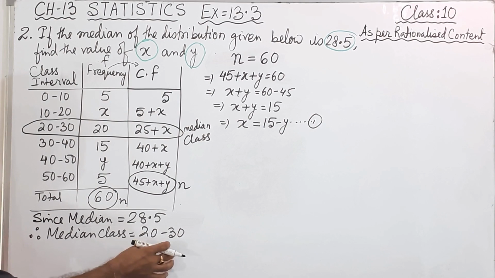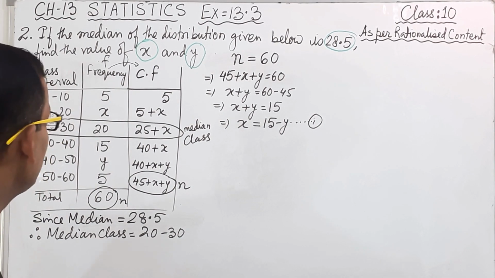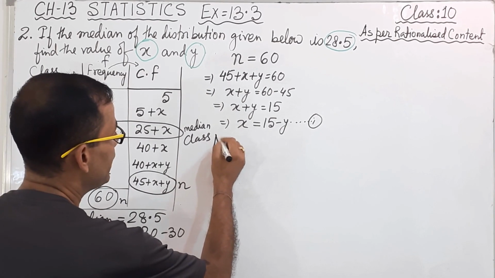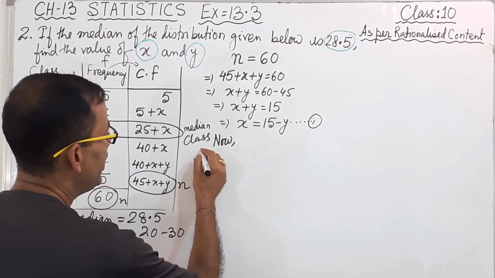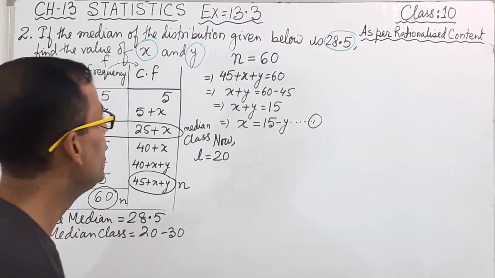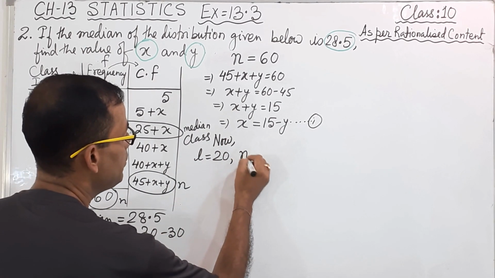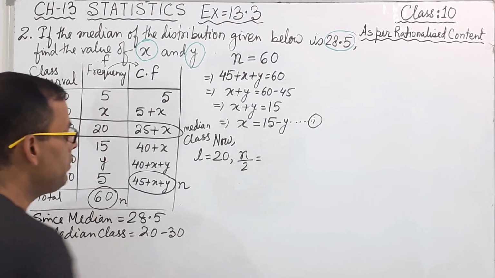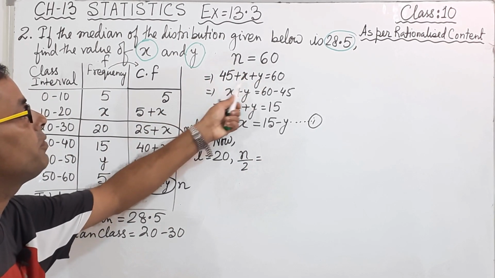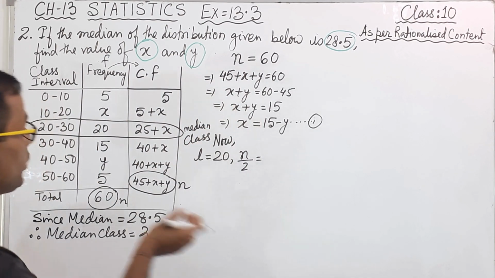Now I got the median class. So when I got the median class, now I can easily find out the values. So I will make another paragraph. Now L equal to what? 20. See, median class 20 to 30, so 20. Now comma n by 2. For n, I can use 60, also I can use 45 plus x plus y. Which one is easy to use?